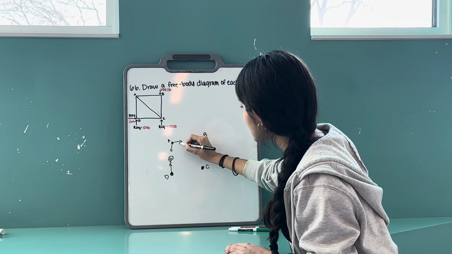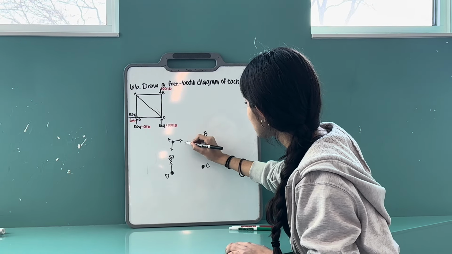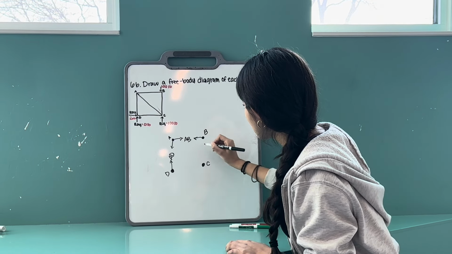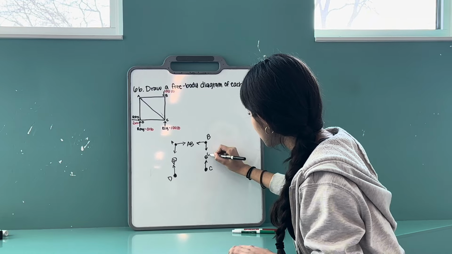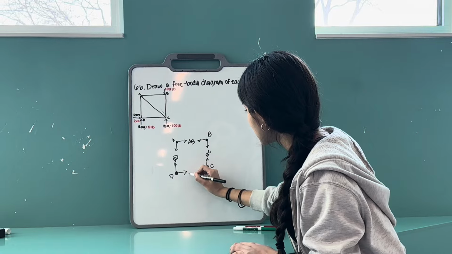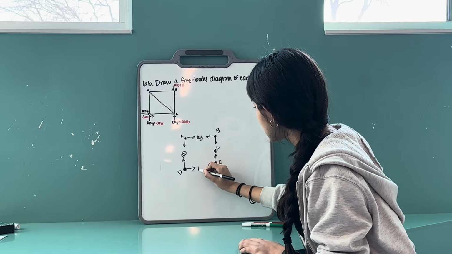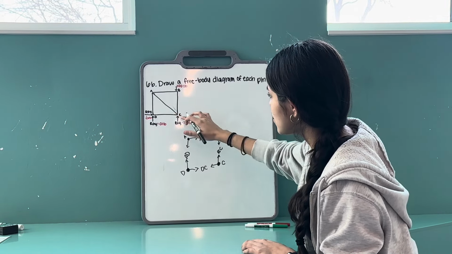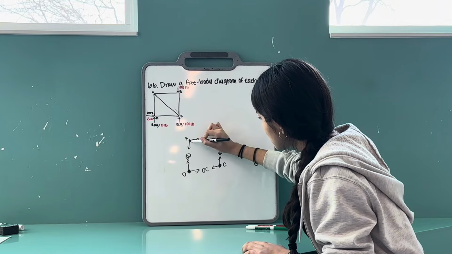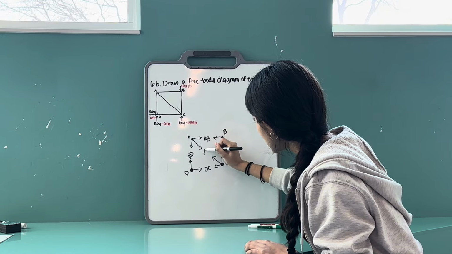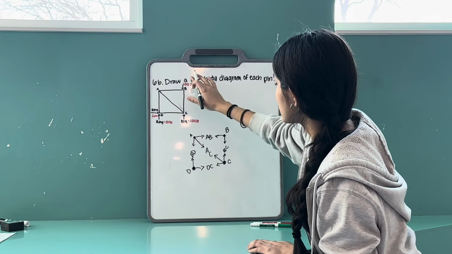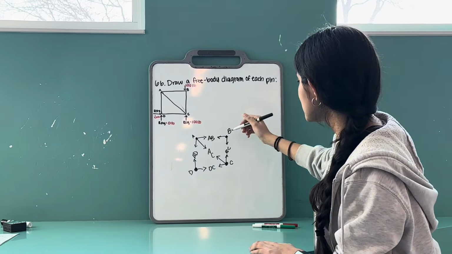An arrow here like this, and like this, which is AB. Arrows here, which is BC. Arrows here, which is DC, and then you also do the one across, which is AC.